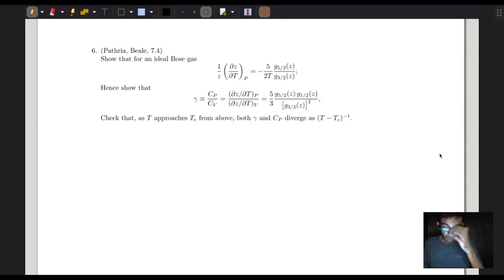Now this is again about the three-dimensional gas and calculating various thermodynamic quantities for it.